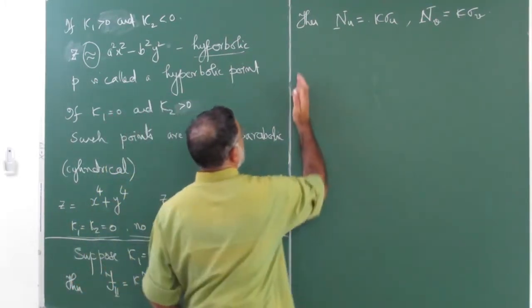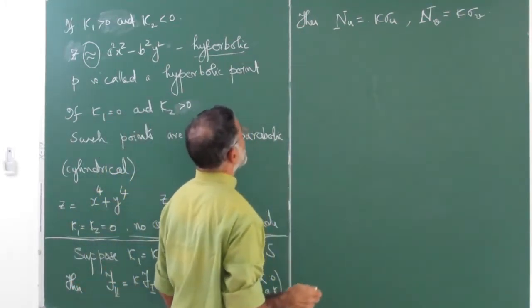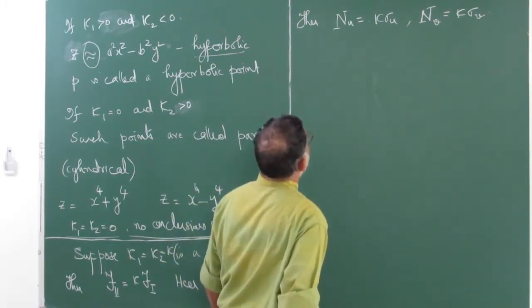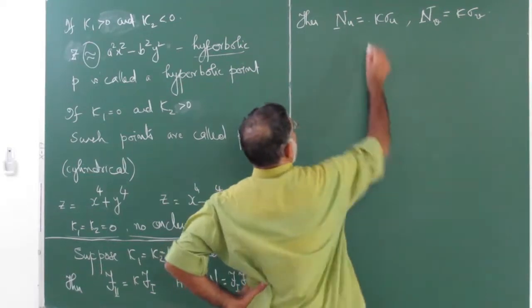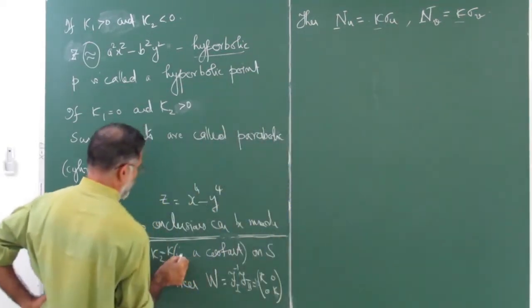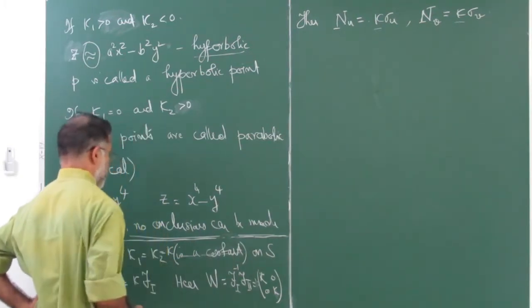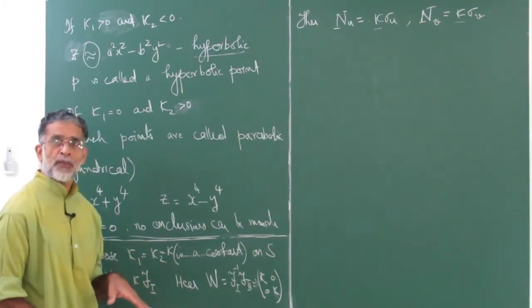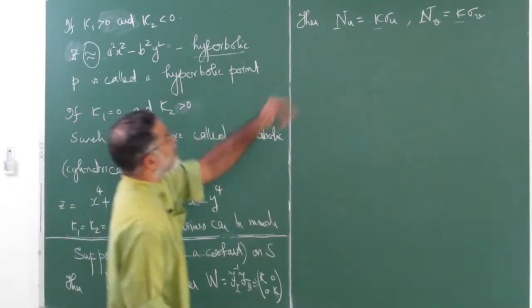What we want to say is that right now kappa 1 is equal to kappa 2. I have to prove this, that's why I did not want to assume it. We can actually prove it, but everywhere we have kappa 1 equal to kappa 2, that is what we are assuming.